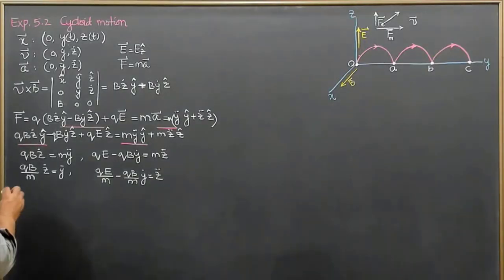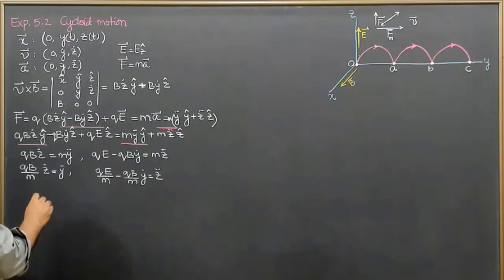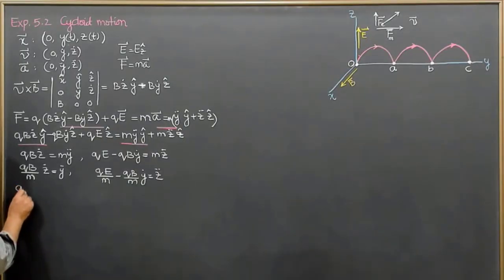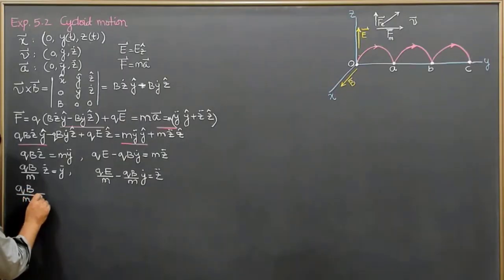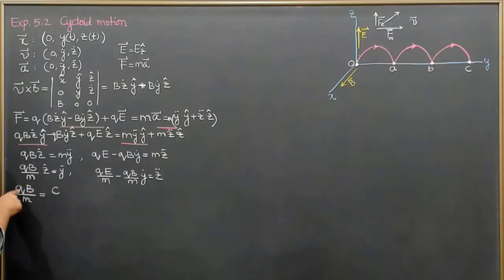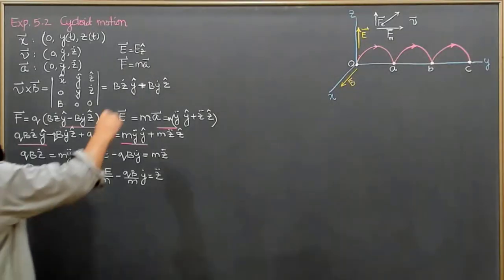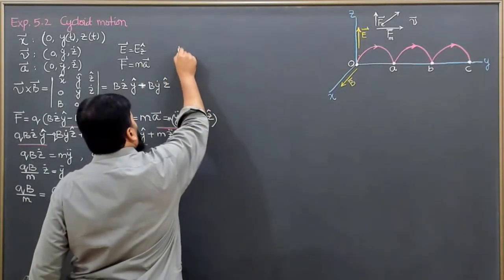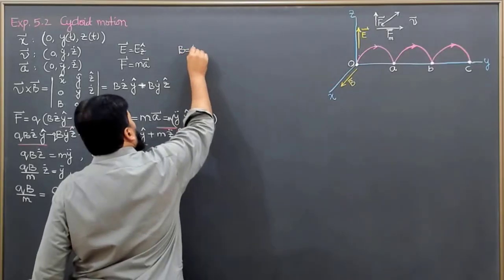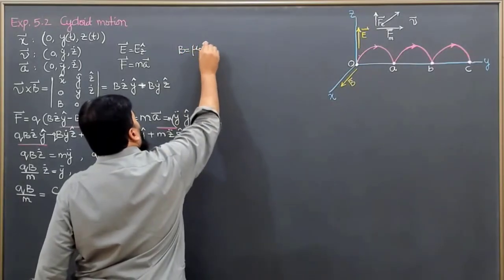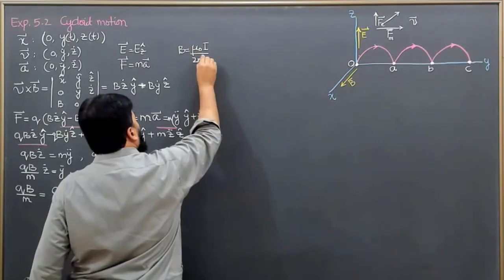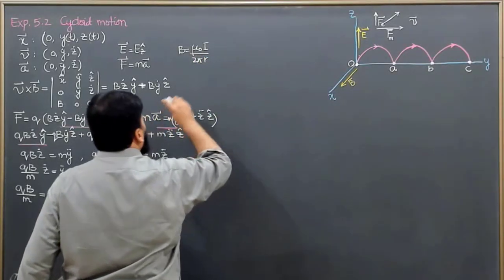Now if I look at this dimensionally, what this QB over m is. Q is in coulomb, while B, if I don't remember, then a very typical equation is B equals mu naught I over 2 pi r. From this equation I can write its dimension.